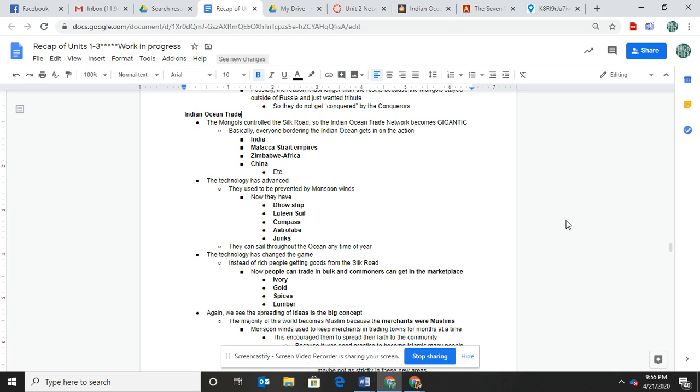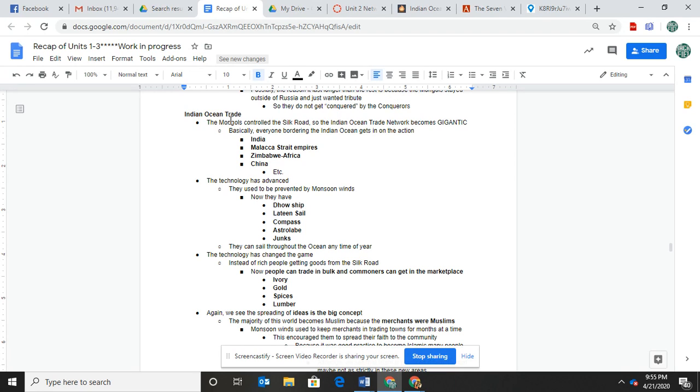That's what I want to talk about, because it would not surprise me if your DBQ had something to do with trade networks. You can make trade networks be a huge time period. You could talk about the Indian Ocean Trade Network back when they didn't have all these technologies and were just relying on the lateen sail and the monsoon winds.